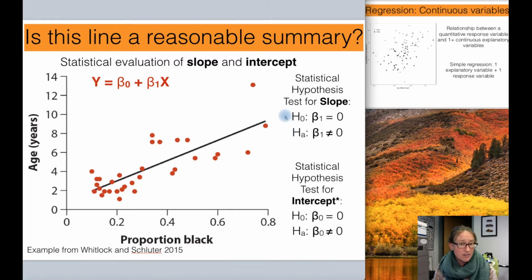So the null statistical hypothesis is that beta 1 is equal to 0. The slope is equal to 0. So what this is saying is, regardless of how black a lion's nose is, we're going to get an equivalent age, right? Whereas the alternative is that beta 1's not equal to 0, so it's significantly different from 0.